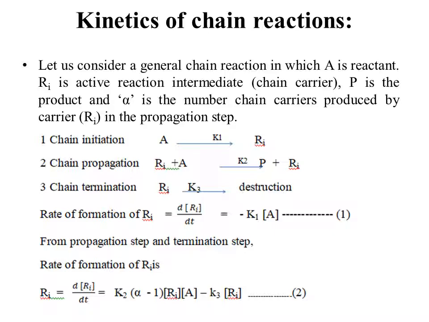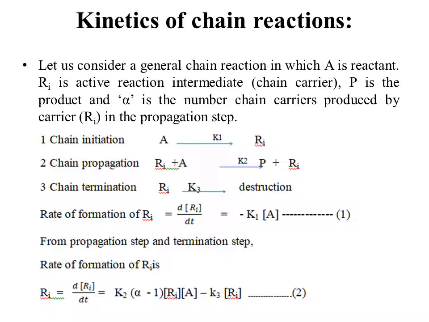The third step is the chain termination step. In this, Ri is destroyed with rate constant K3. These three steps are the chain initiation, chain propagation, and chain termination. In chain initiation, A forms the Ri, the chain carrier, with the rate constant K1.